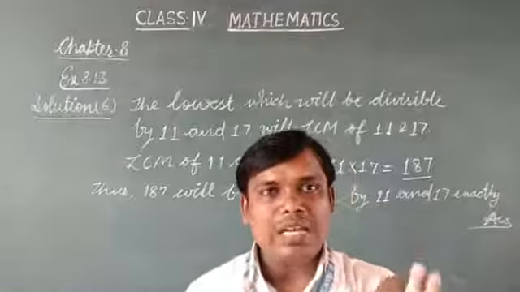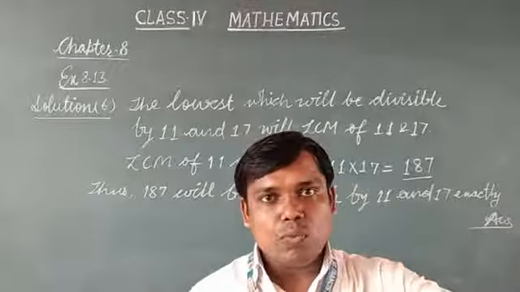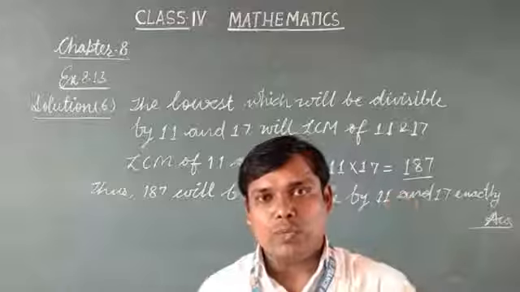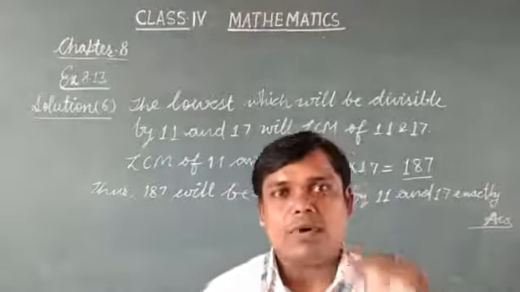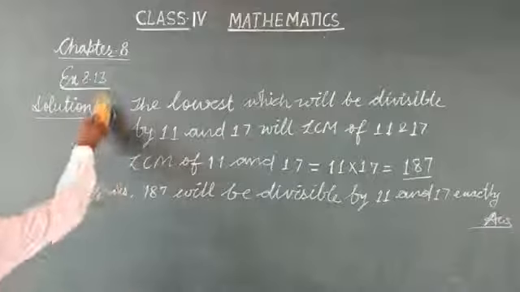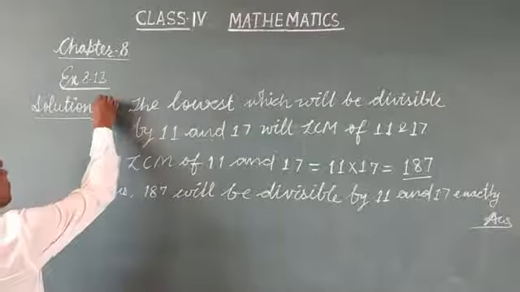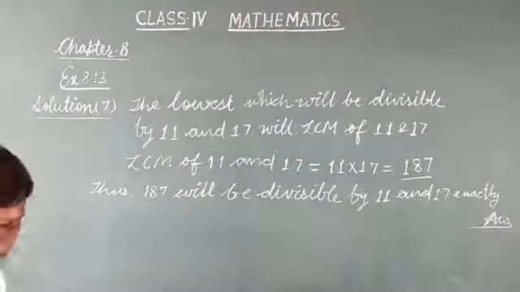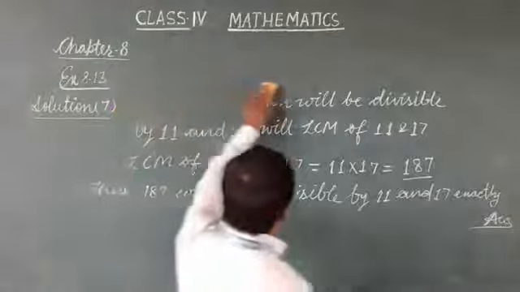So first of all we will add the numbers. Means 4 we will add in the first number and 2 we will add in the second number. And then we find the HCF of the numbers. Here I am writing solution number 7. I hope this solution is understood.